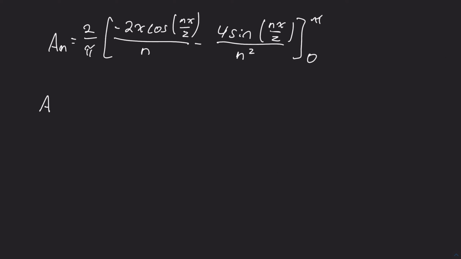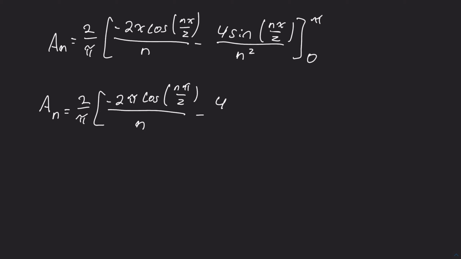And once we plug in our pi and our 0, we get a sub n equals 2 over pi times negative 2 pi cosine of n pi over 2 over n minus 4 sine of n pi over 2 over n squared.